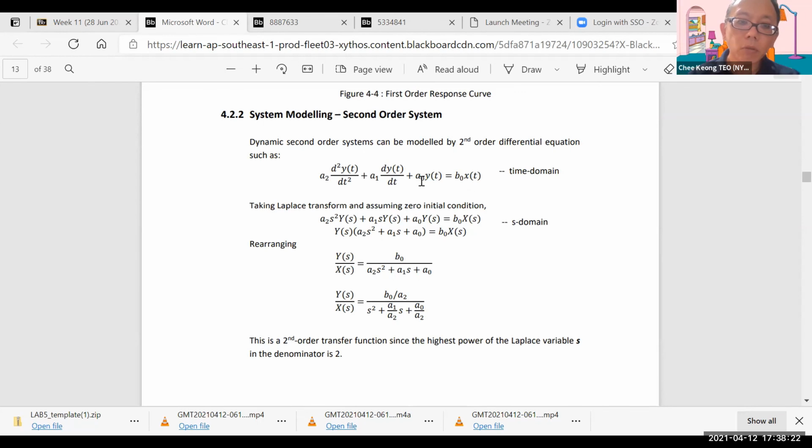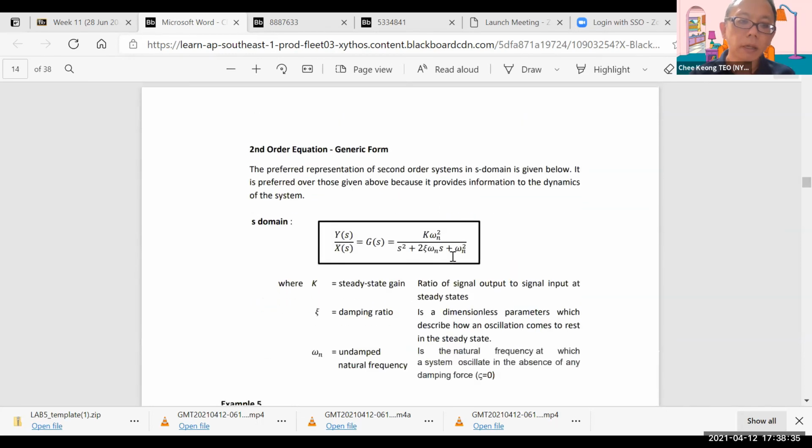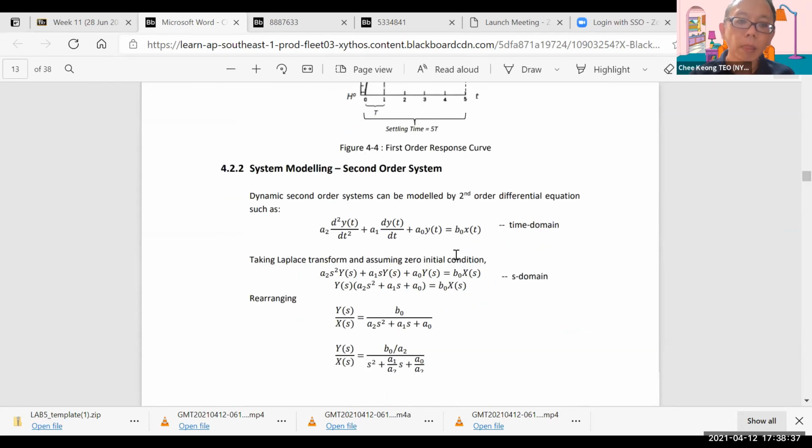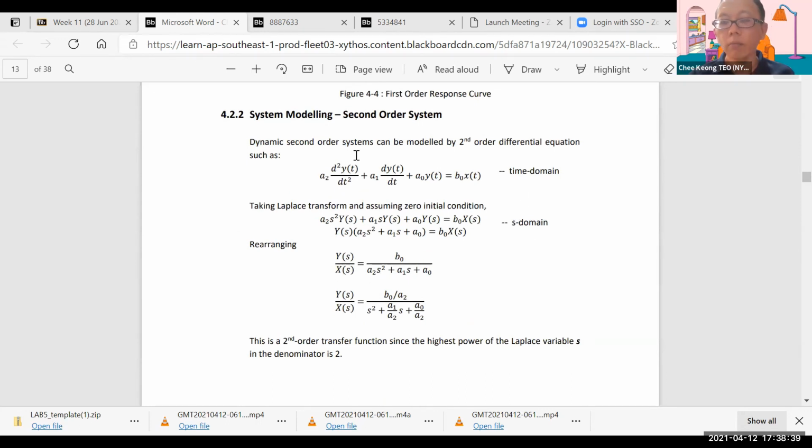So they attempt to solve it, right? And you realize that if you use the A1, A2, A0 situation, and you rearrange it, you basically get the expression, right? If you have any problem solving, do let me know. I will help you to solve. Okay, with that, we complete this week's lecture with tutorial. So I wish you all the best, and thank you.